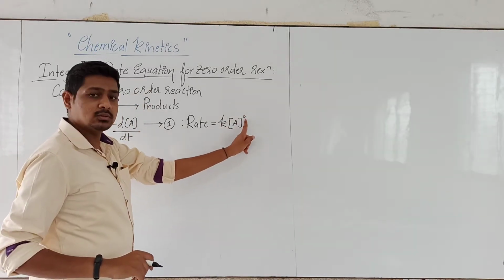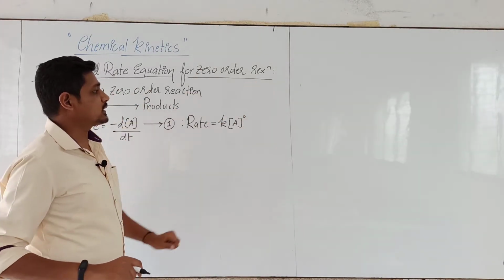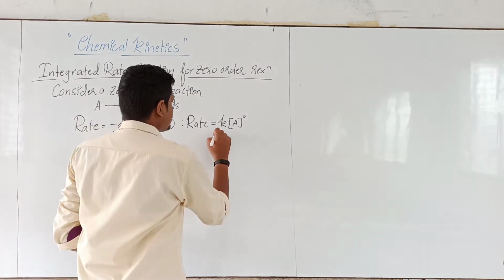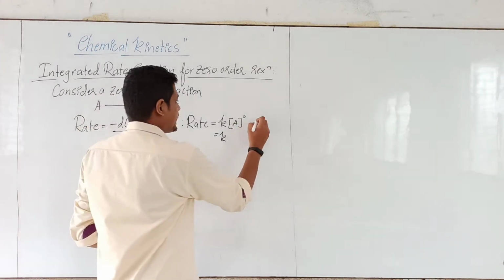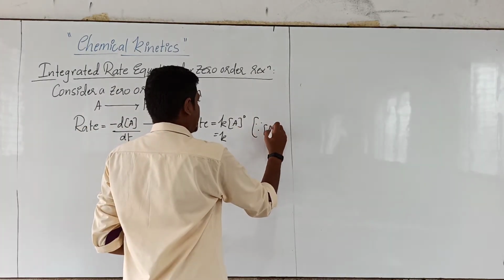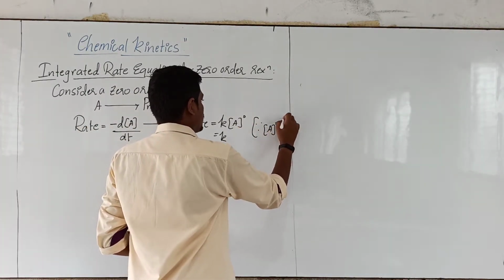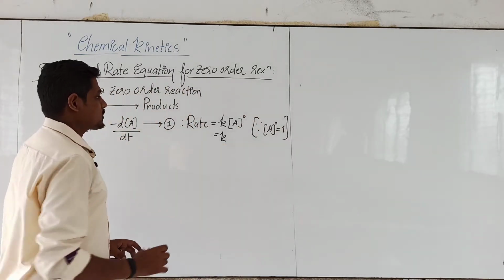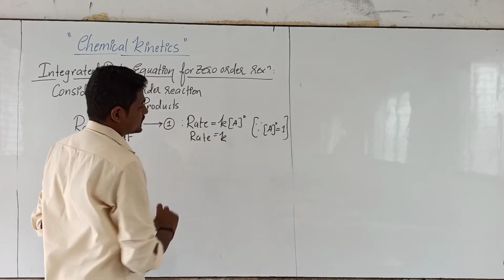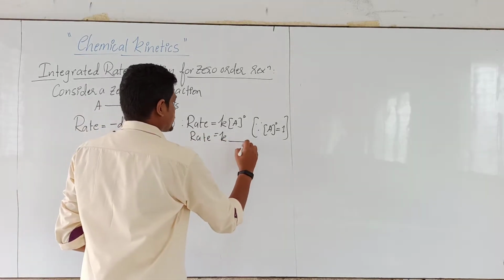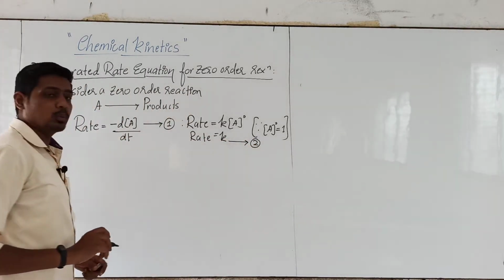Why 0 here? Because it is a zero ordered reaction. This simply means rate is equal to k, because anything to the power 0 is 1. So the rate equals the rate constant for a zero ordered reaction. Let us call this equation 2.